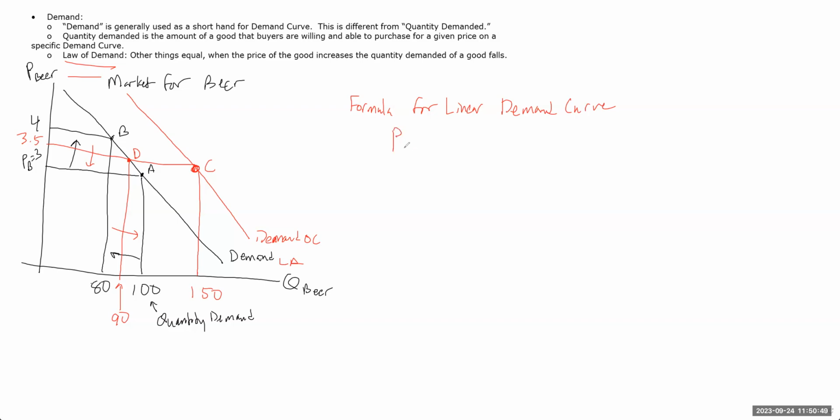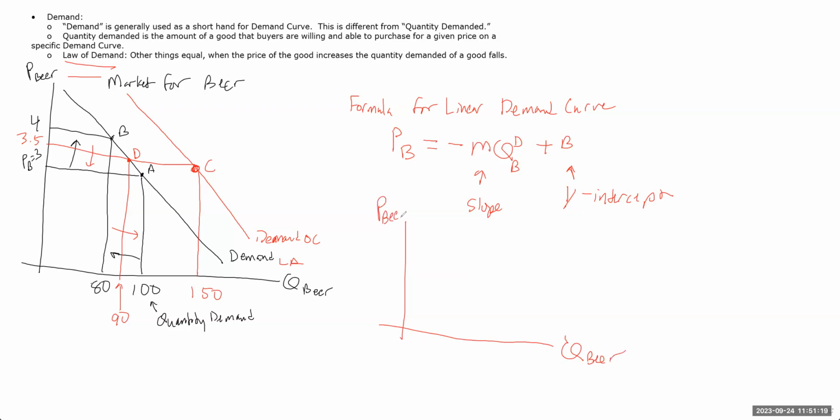The price of some good, let's call it beer, is equal to minus M times the quantity demanded for beer plus B, where M is the slope and B is the y-intercept. So we have a demand curve like this in this market for beers.